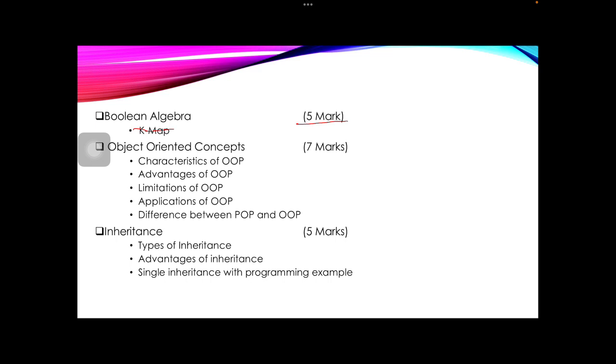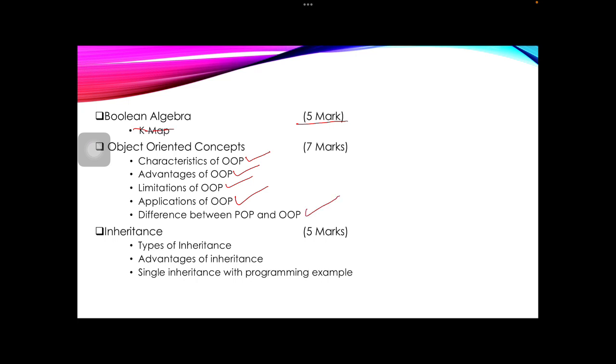Then object-oriented concepts, you have 5 questions. The first one is characteristics of object-oriented programming, advantages of object-oriented programming, limitations of object-oriented programming, applications of object-oriented programming, and difference between POP and OOP.